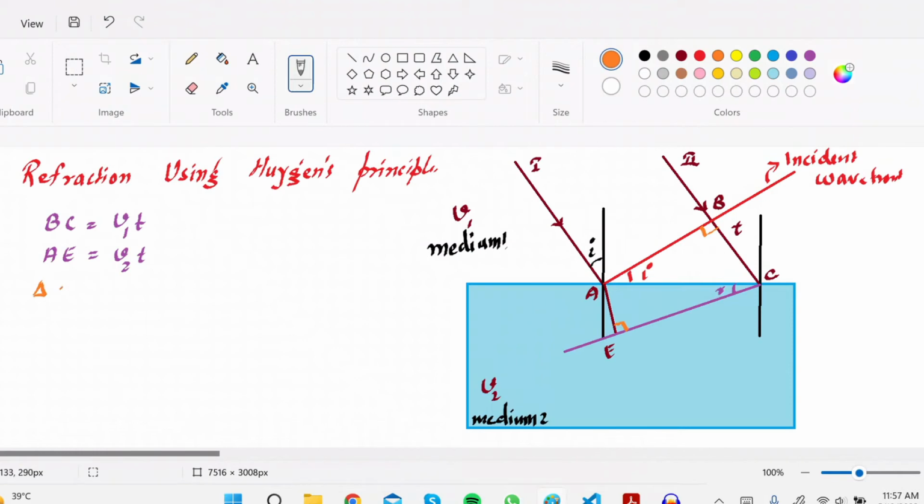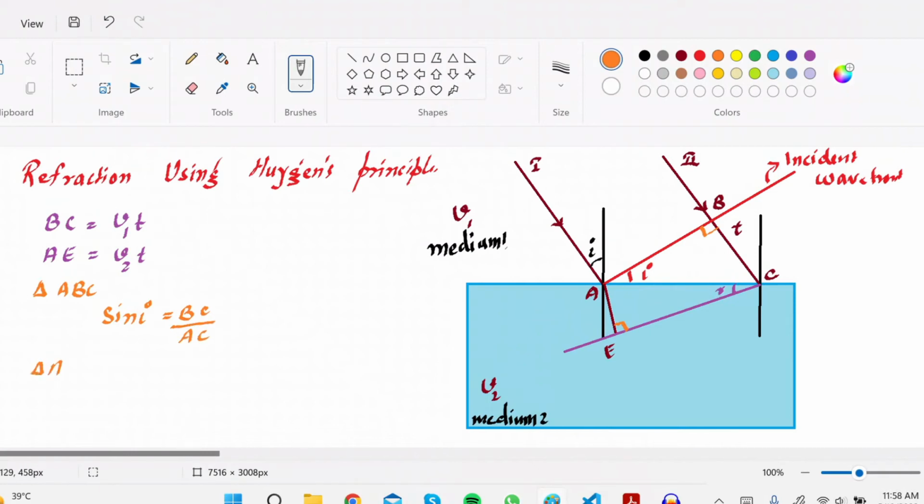Let's take the first triangle, ABC. In this triangle ABC, what will be our sine of I using trigonometric identities? Sine I is perpendicular, which is BC, upon hypotenuse, which is AC.